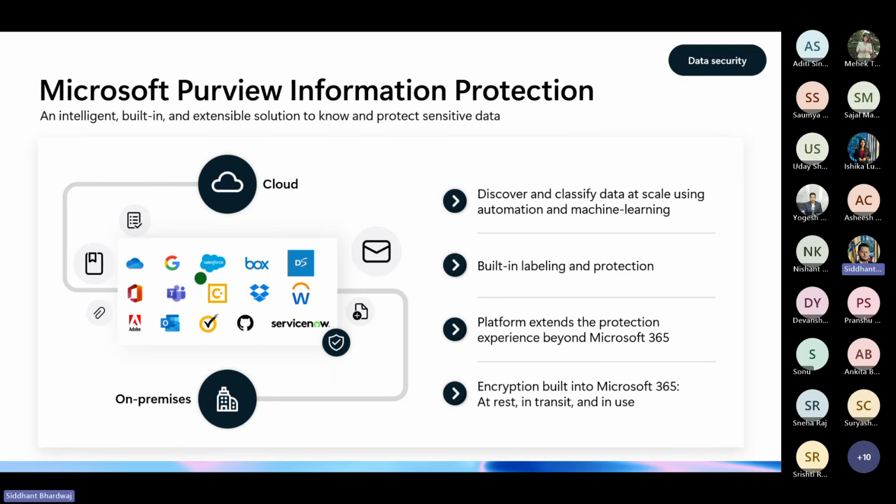We have all heard that data encryption at rest, in transit, and in use is a requirement of a lot of compliances, including ISO 27001. So it actually encrypts your data within Microsoft 365 at rest, in transit while it is being shared, and while it is in use. Providing all of this, this is Microsoft Information Protection.